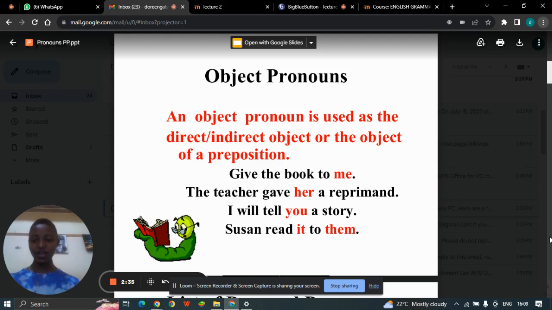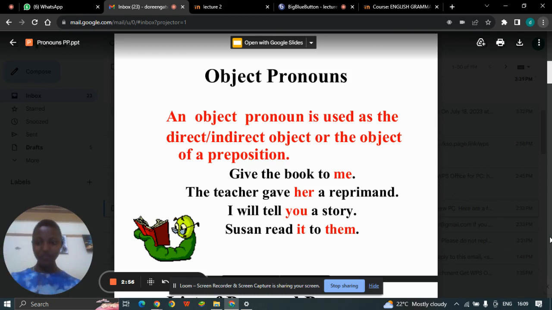Before I go further, here is what will guide you in identifying whether it is a direct object or an indirect object. For the direct object, you ask yourself what or whom.